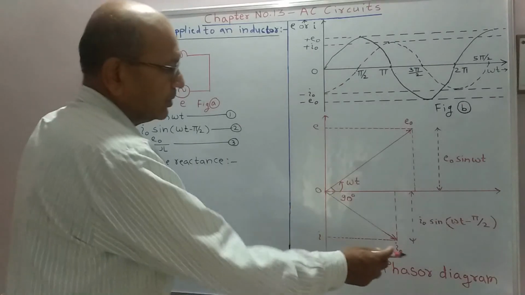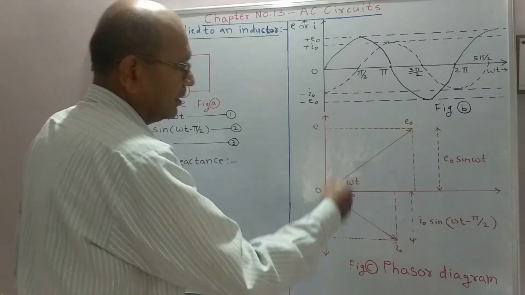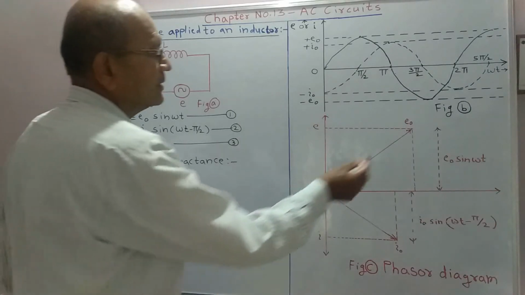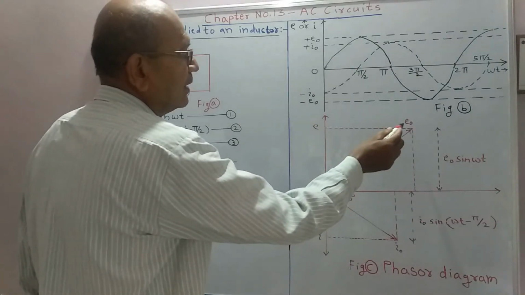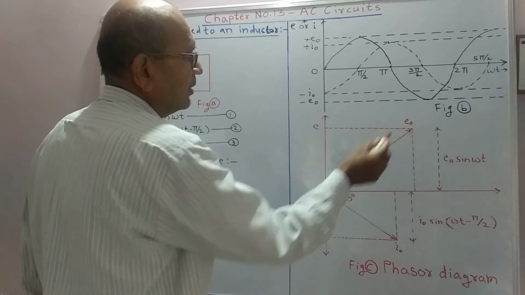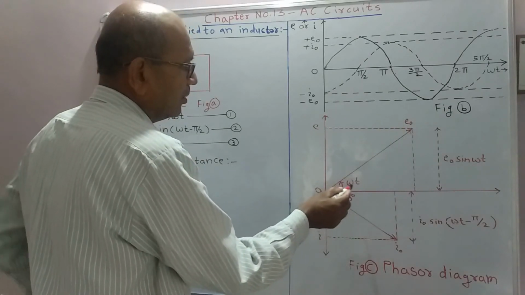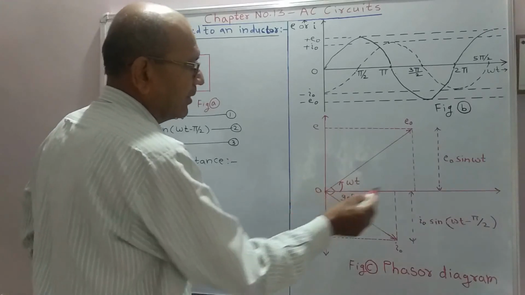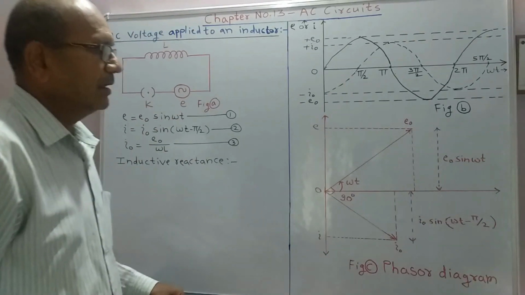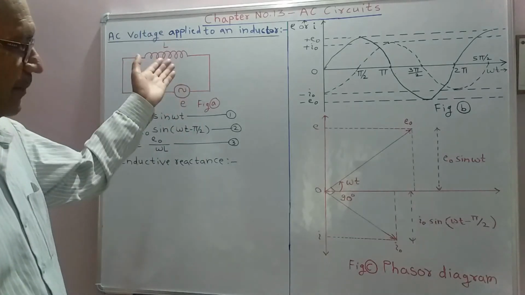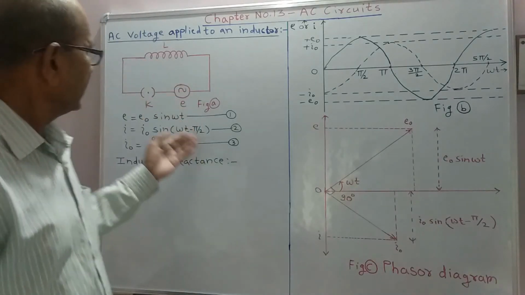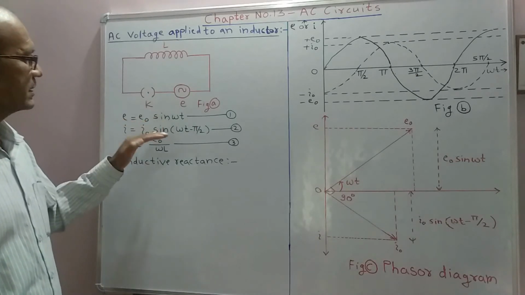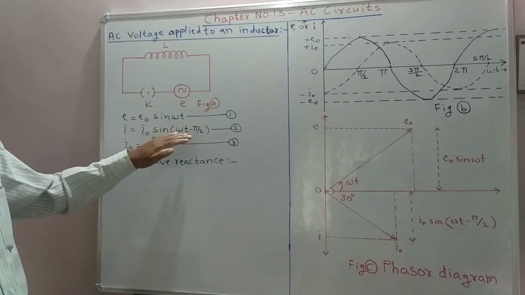Figure C shows phasor diagram for purely inductive circuit. Here the phasor representing peak EMF E naught makes an angle omega t in anti-clockwise direction from the horizontal axis. Here the voltage leads the current by pi by 2 radians.